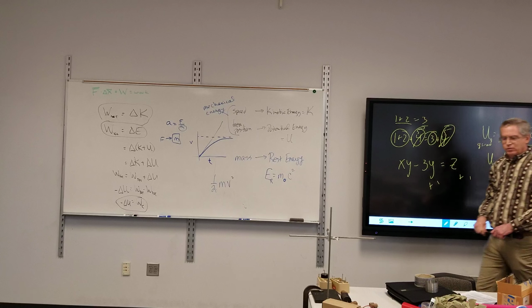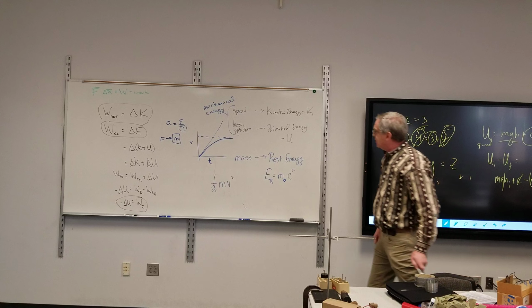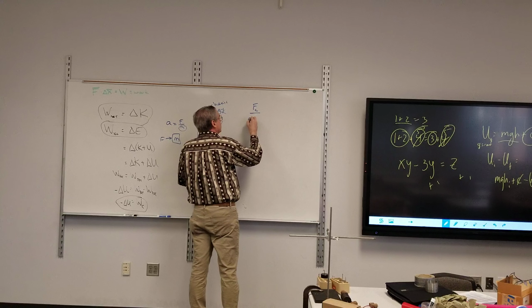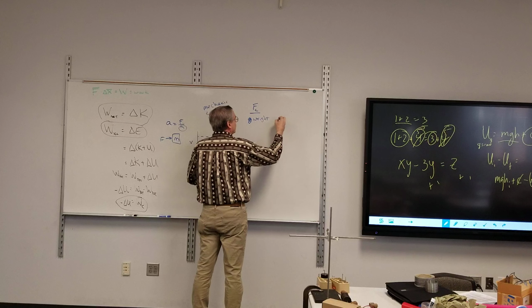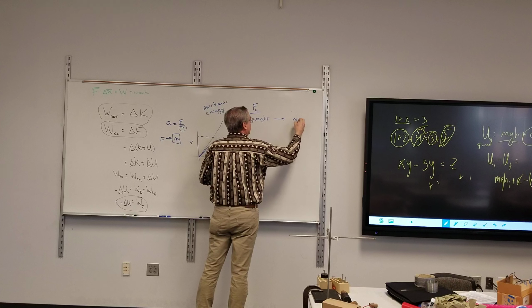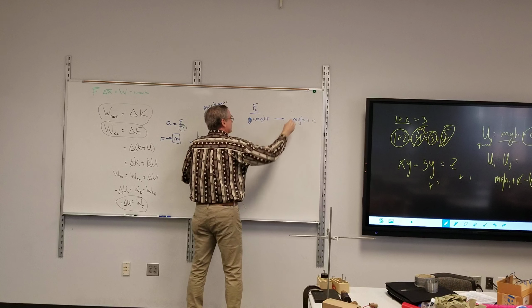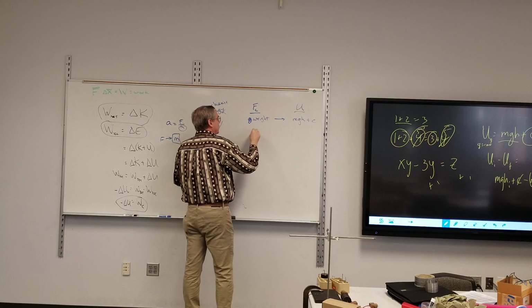Let's set up a little chart here. So the conservative force, we'll do weight: mgh plus a constant. This is our potential energy formula.